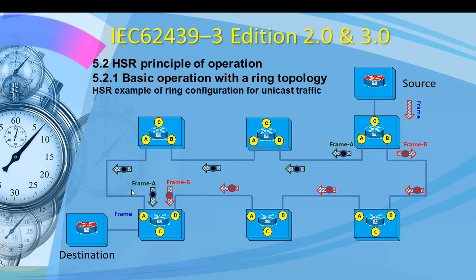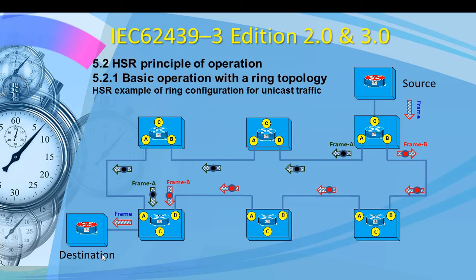After receiving 2 copies of the frame, this red box forwards the first frame, maybe coming from the A direction, maybe from the B direction, depending on which one arrives first, and then discards the second one. The red box then forwards the frame to the destination. This is how HSR works.